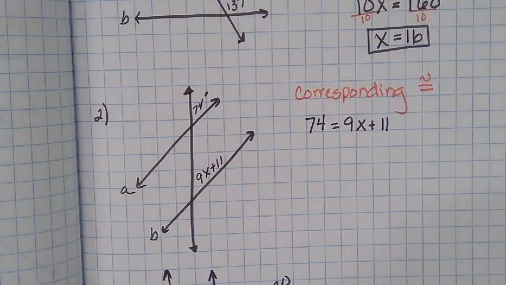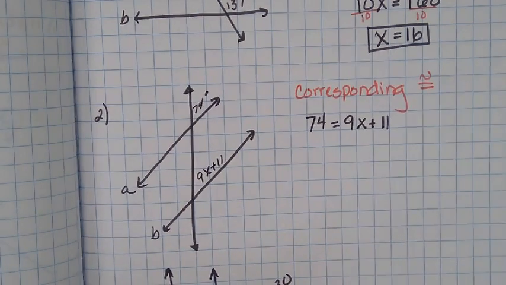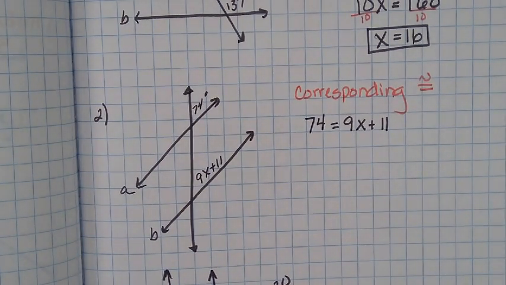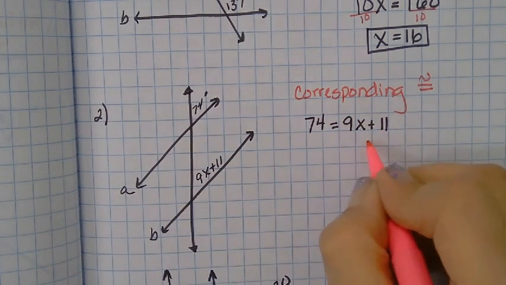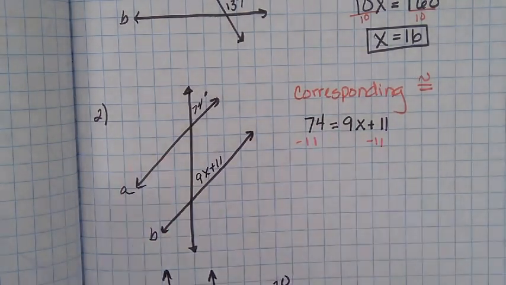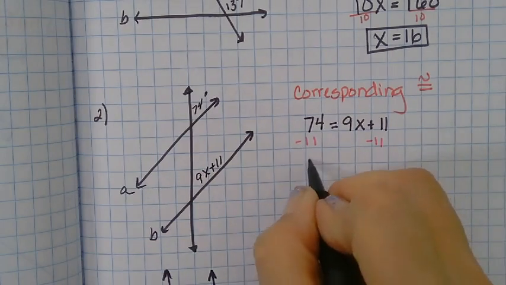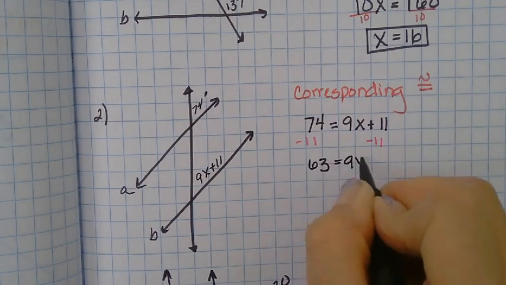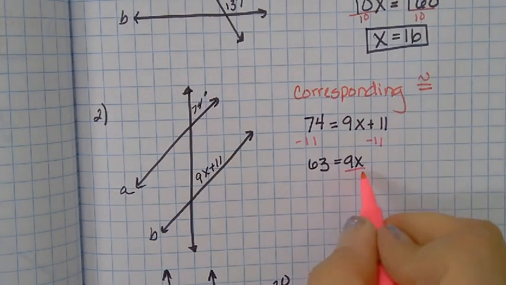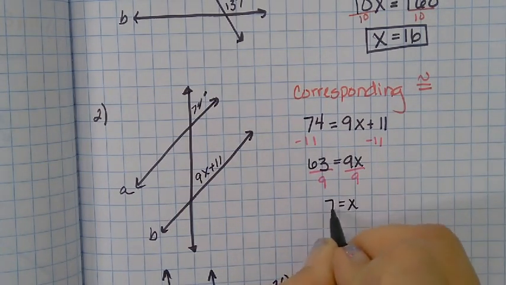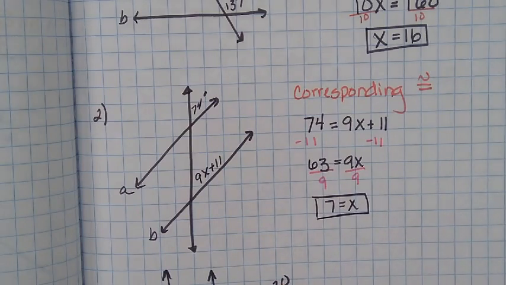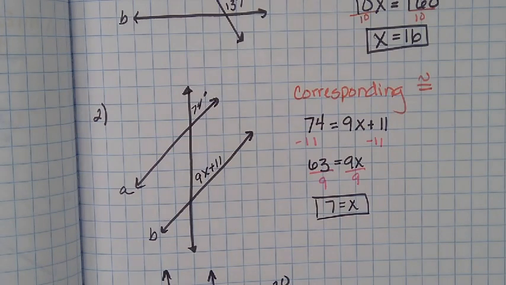Solve that for x. So it looks like we should be getting x equals 7. You guys good with that?